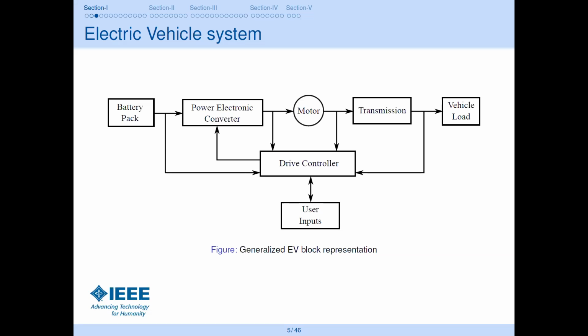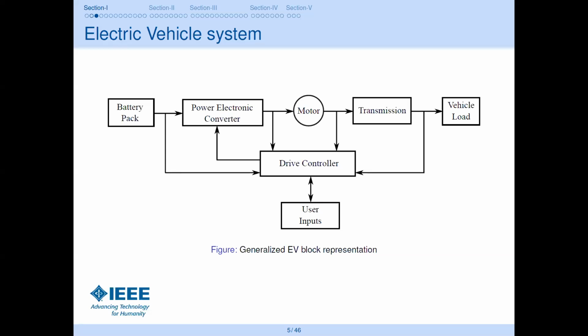From the motor, you take the speed and the torque and convert it through a transmission system, which can be utilized for the dynamics of the vehicle. So you have a transmission, then the vehicle load, of course, and all of these are connected to a controller where all the feedbacks and signals are provided, and the controller gives the required speed and torque commanded by the user, the vehicle user who is driving the vehicle. So all these things are generic, a generic block diagram for an electric vehicle.